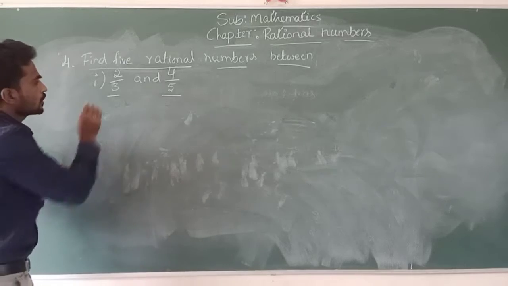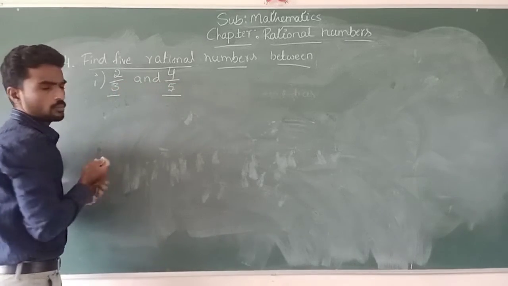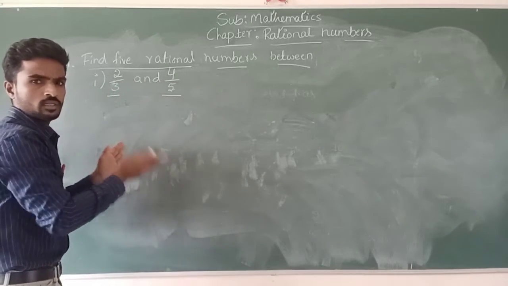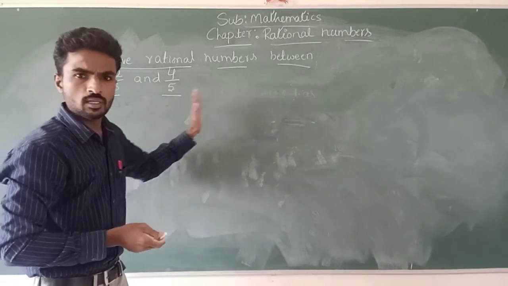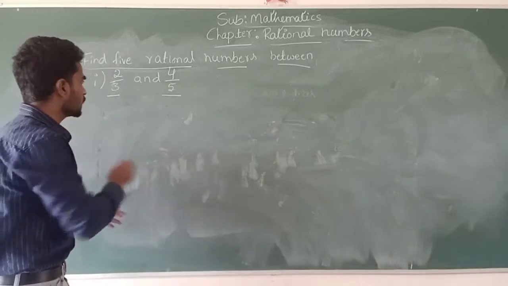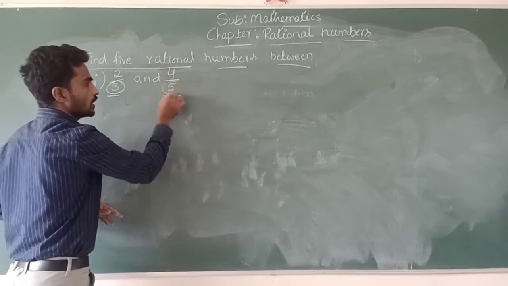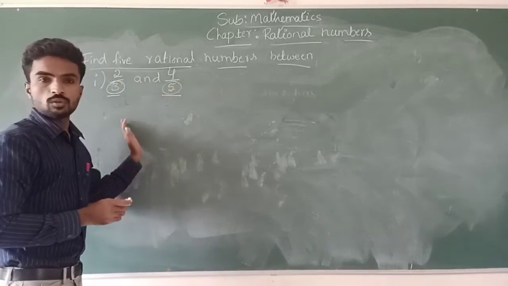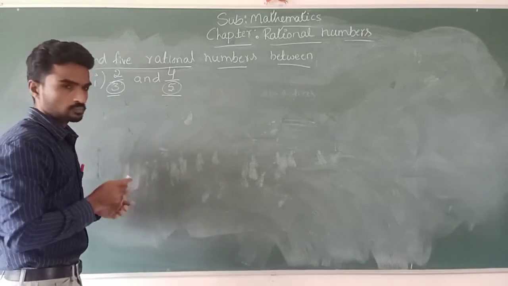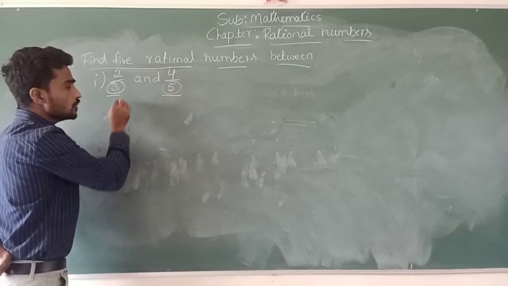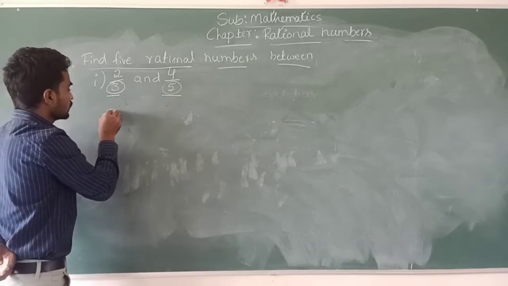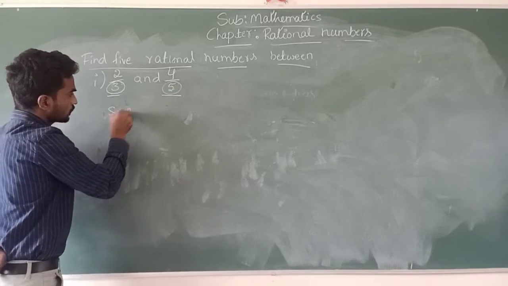Just observe, if both rational numbers have the same denominator, then it is very easy to write the rational numbers in between them. But here 3 is there and here 5 is there. Both have different denominators.